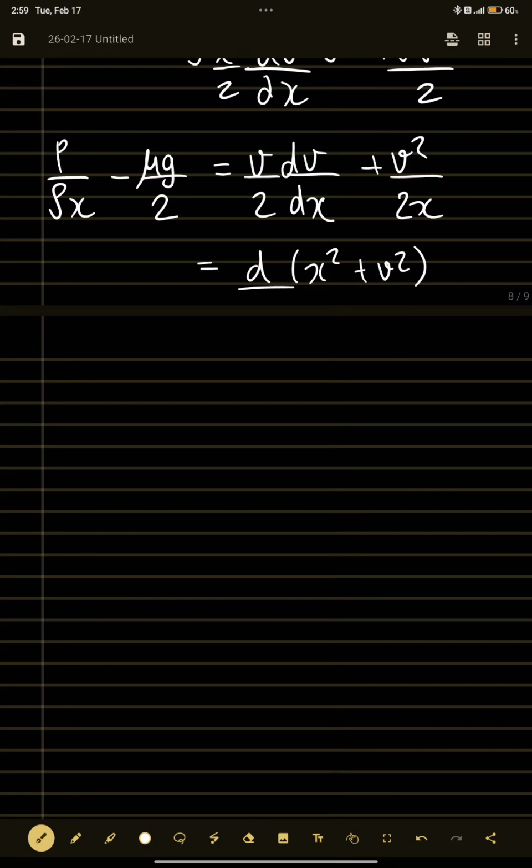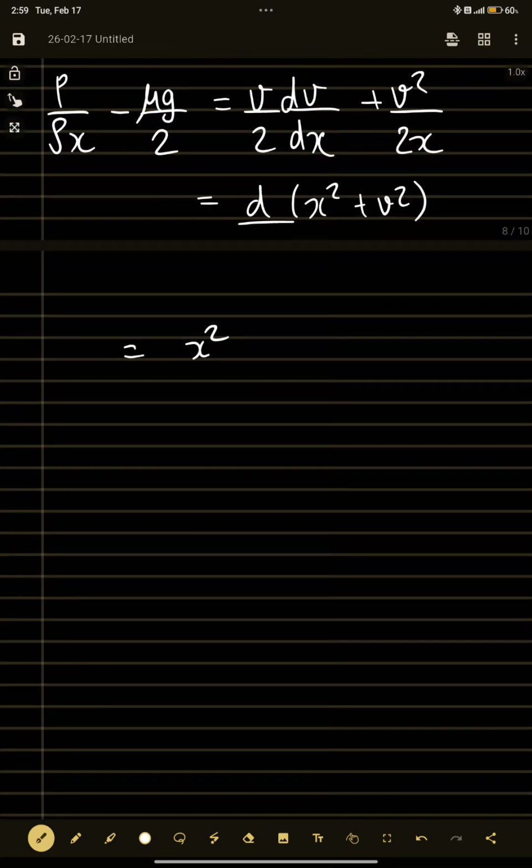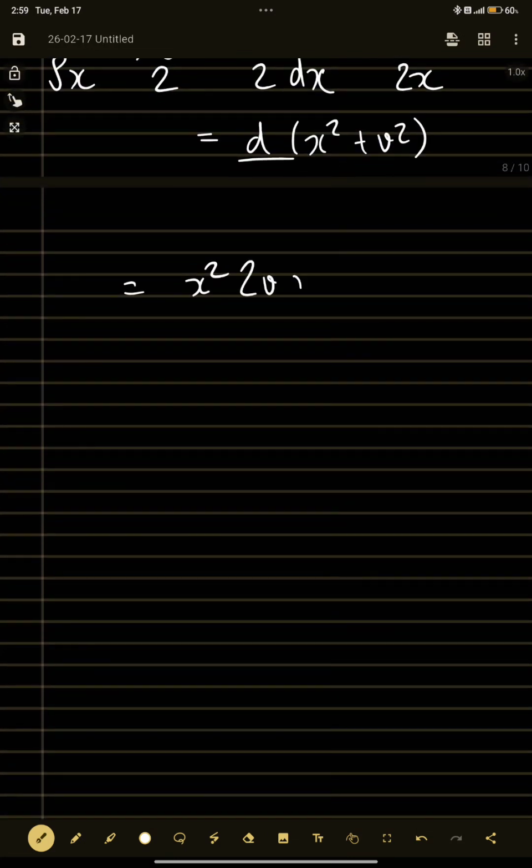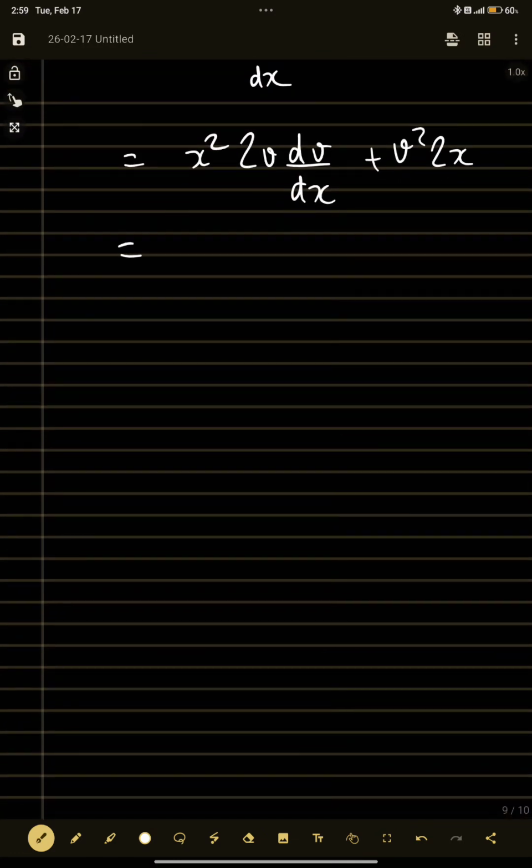So you get v dv/dx plus v square by x. There is a by 2, so you do a by 2 and make it 4x square. So this part becomes 1 by 4x square times d/dx of x square v square. After this, you will be able to solve this differential equation and get v as a function of x.